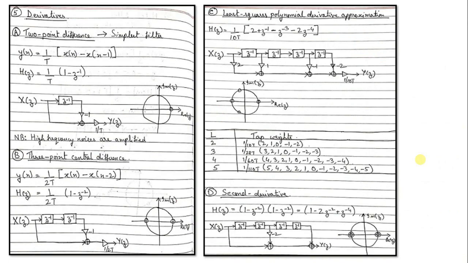Now derivative filters. See, the simplest filter is the 2-point difference. Okay, this is the 3-point central difference filter.